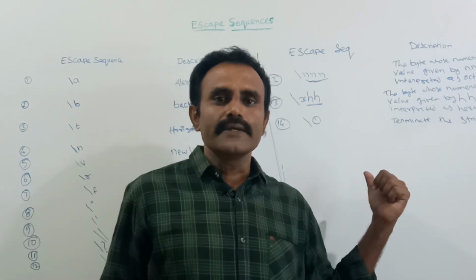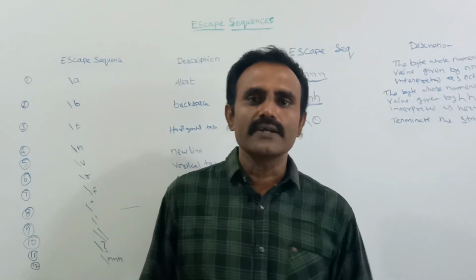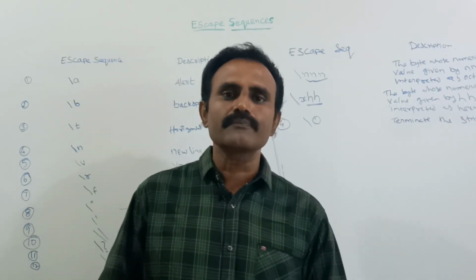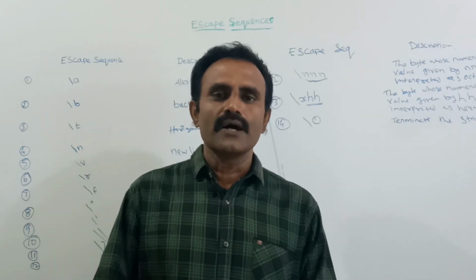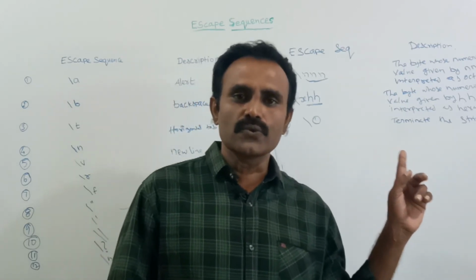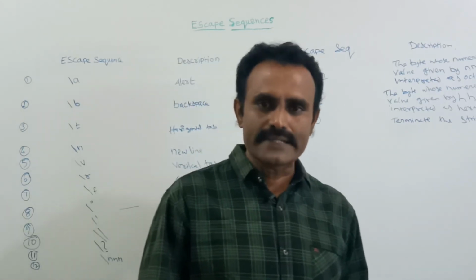It is the end of the string. The end of the string is slash 0. In C language, each and every string, after storing the value, at the end of the string this slash 0 is stored. This slash 0 denotes the end of the string.